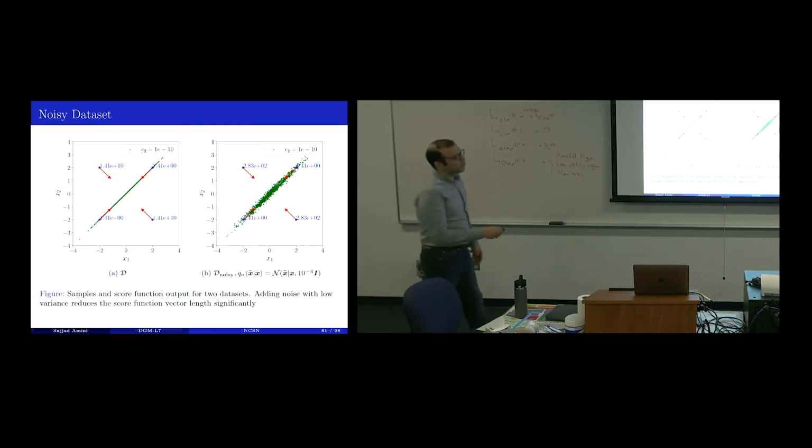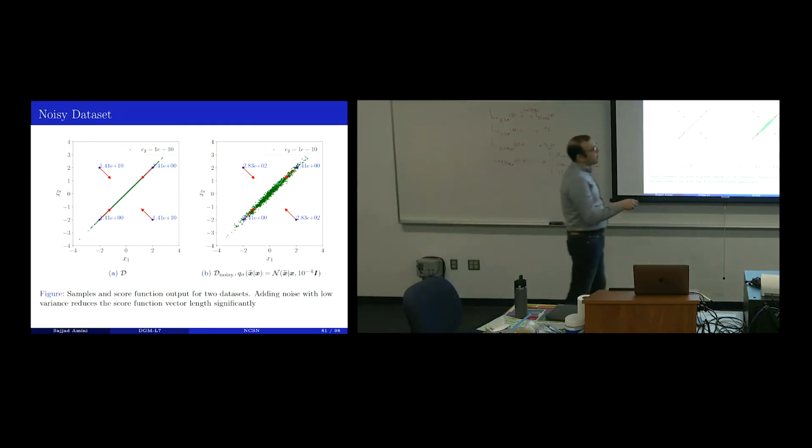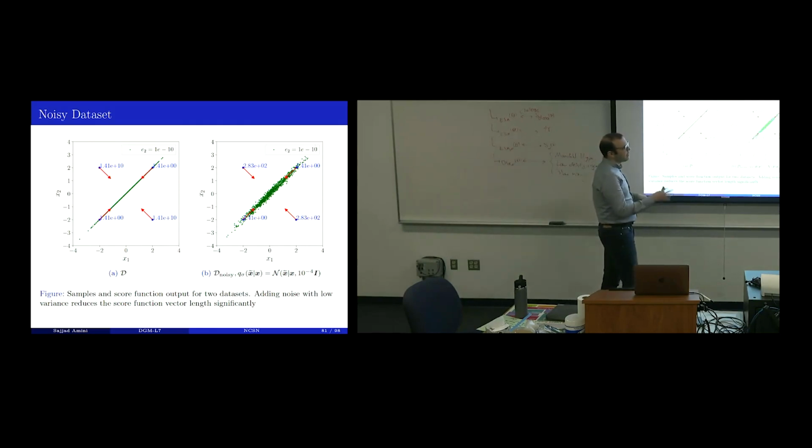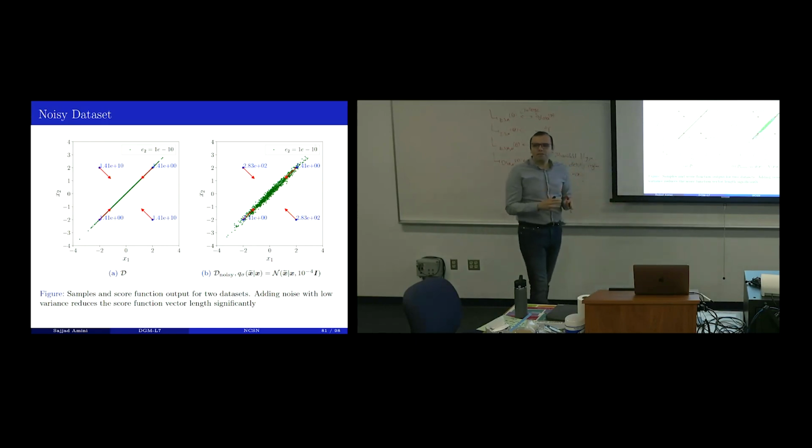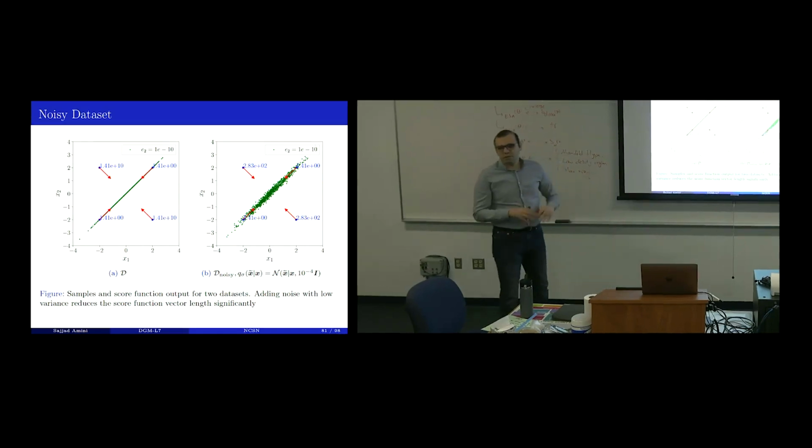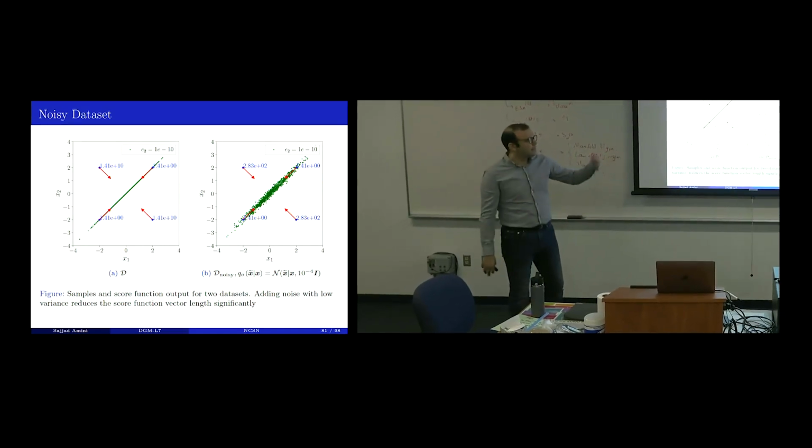We see that if you add noise, then the support will become larger and larger, and for enough noise added to your data, the support will be the whole space, and the problem of manifold hypothesis is solved. So adding noise can solve the manifold hypothesis, but that's the noisy data.